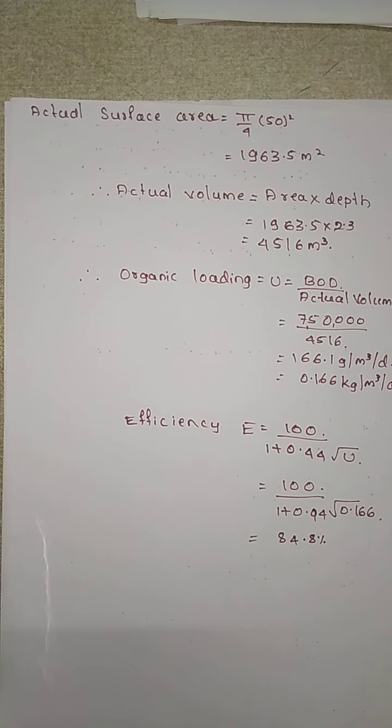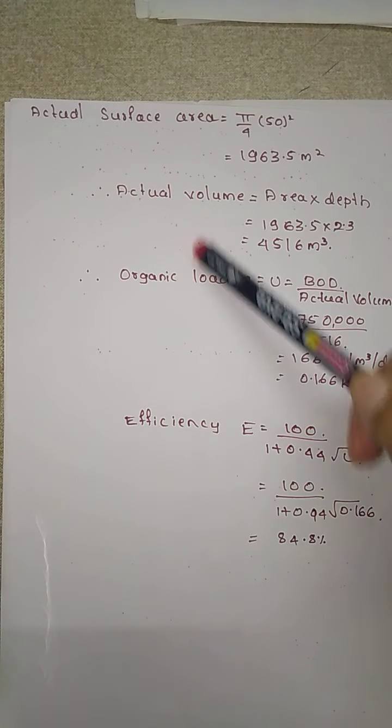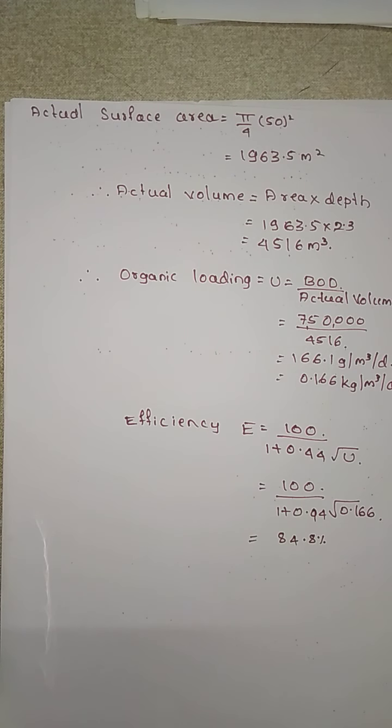So we will see how much the actual surface area is. Pi by 4 into d square, with diameter 50, gives 1963.5 meter square, and actual volume is equal to area into depth. So area, the actual surface area, is 1963.5, multiplied by depth, which we keep as 2.3. So it comes to 4516 meter cube.